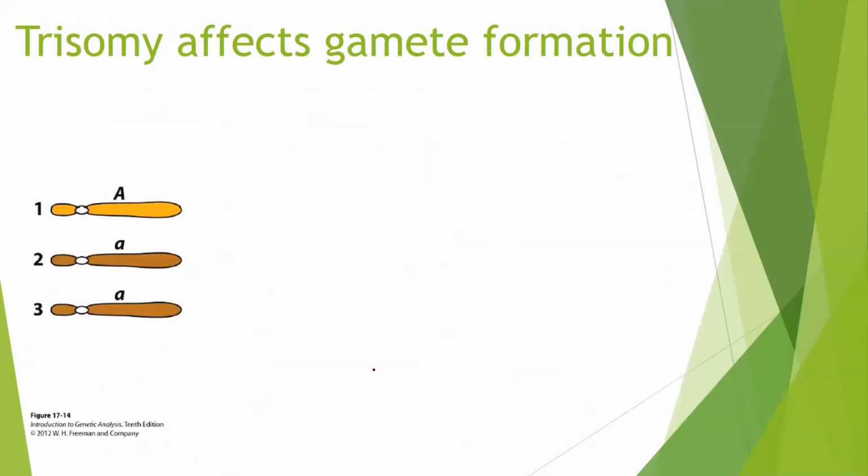So let's look into the detail. This is a little bit advanced compared to what we have learned before, right? In a regular diploid organism, if we have one chromosome and the other chromosome, and on this chromosome there's a gene, suppose there's a dominant allele and a recessive allele.